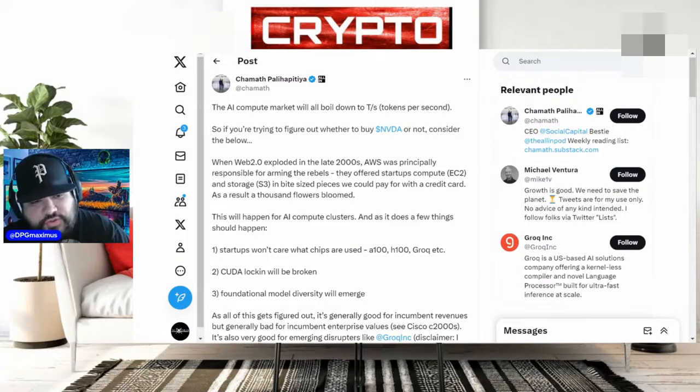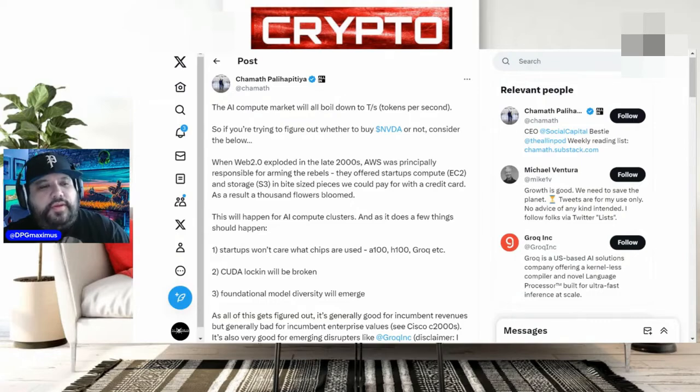It says, if you were trying to figure out whether to buy NVIDIA or not, consider the below. Now, I'll be honest, I should have invested into NVIDIA stock years ago. Not financial advice, but let's just face it, that was a premier stock, and if anything, probably still is going to be.